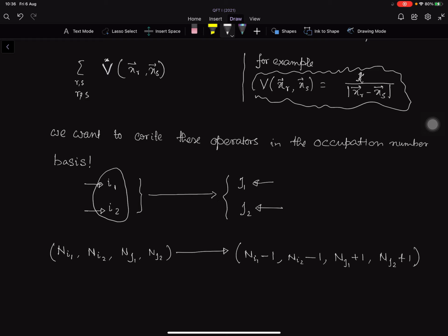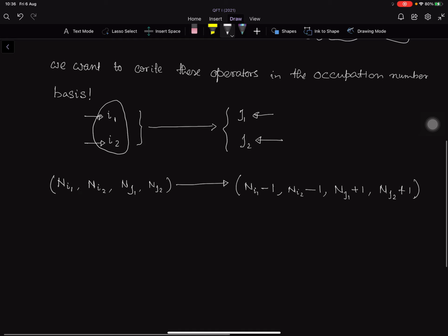So it goes in this way. Now in order to do this computation, first we define the matrix element.